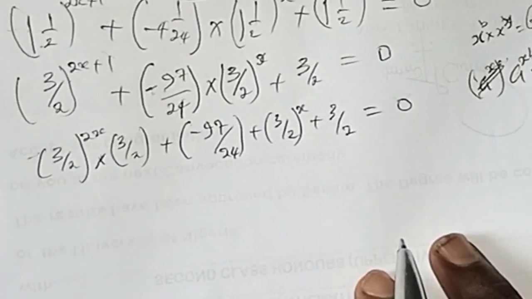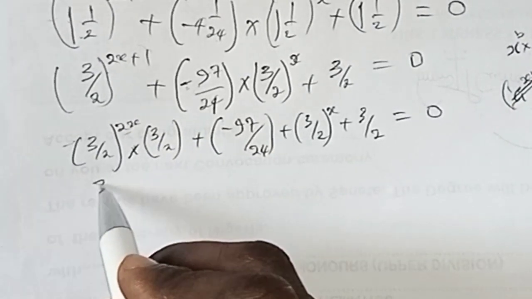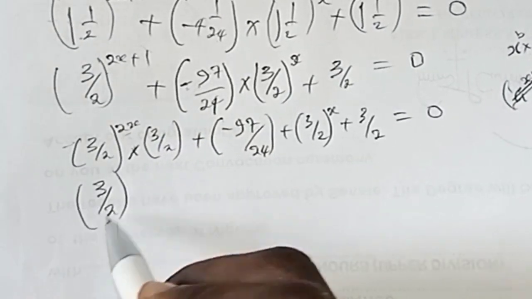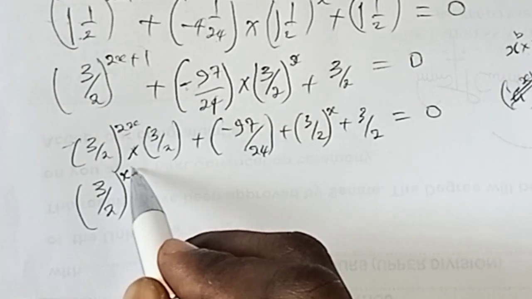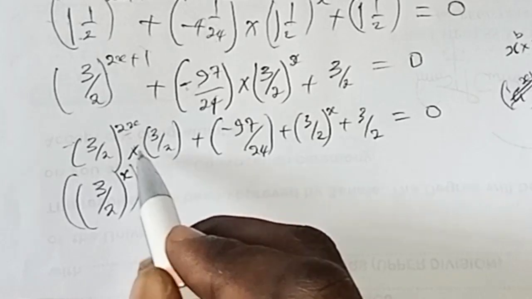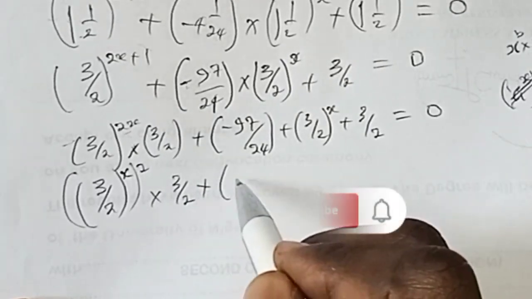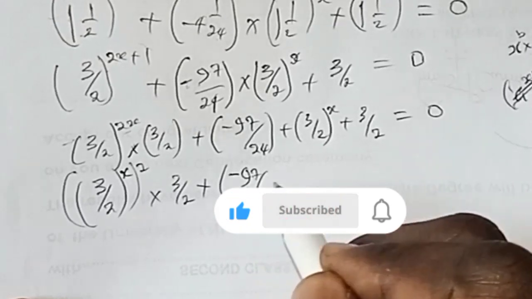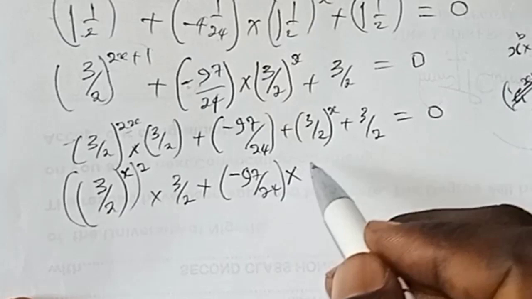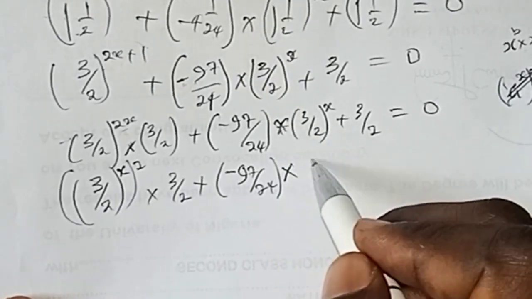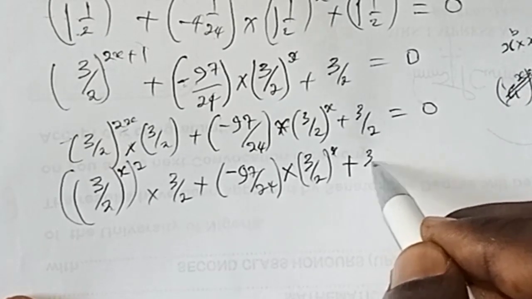So what I'm going to do now is split this. I can write it as (3^2)^x, and then another bracket (3/2)^2... times 3/2, plus minus 97 divided by 24, and then multiplied by, this is multiplication, (3/2)^x, plus 3/2.